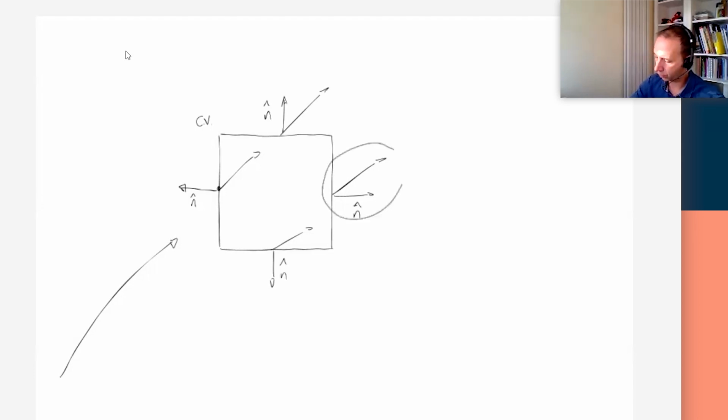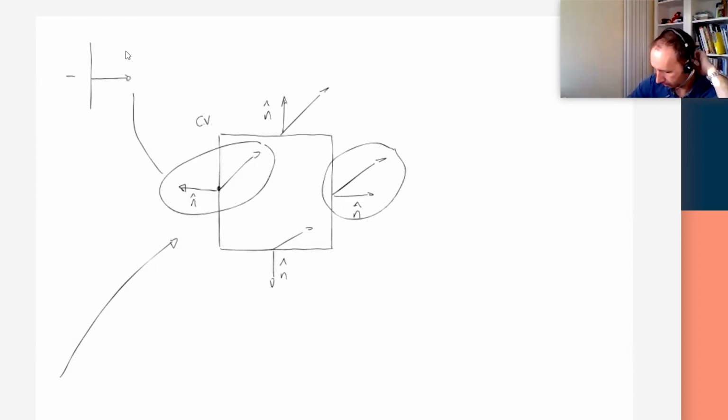So if we just focus on this one here, let's start with this one. This one would be the projection of the velocity vector down. If this is v, and we have our coordinate system like this one, where we align the faces of our control volume with the axis of the Cartesian coordinate system, the component will be u. Okay.